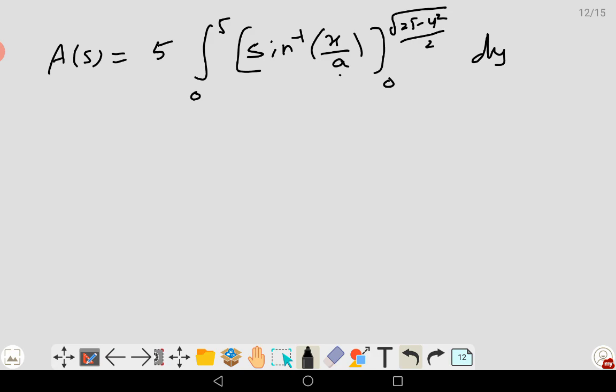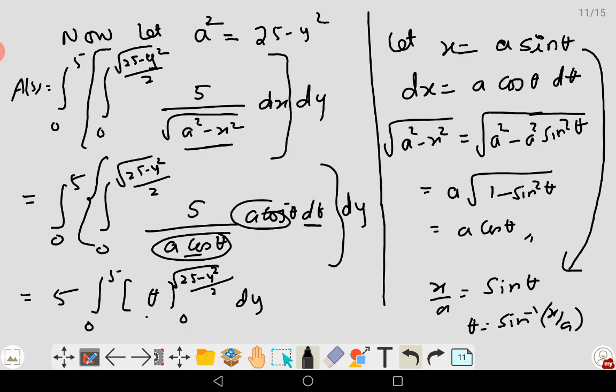And you should remember the choice of a. What is the choice of a? Go back. Yes, a square is 25 minus y square. Therefore, what is a?